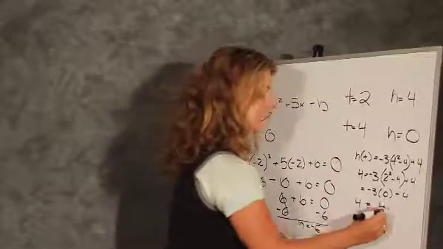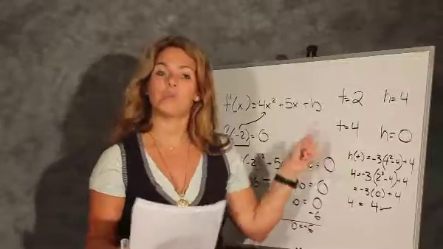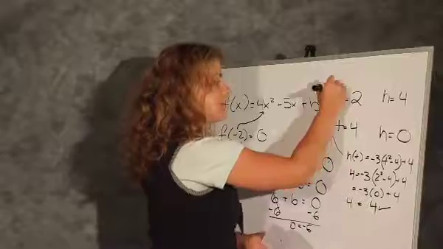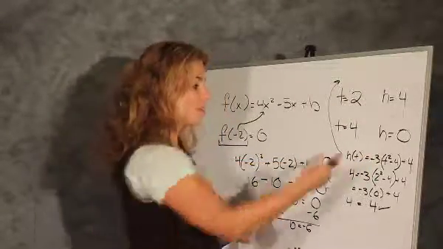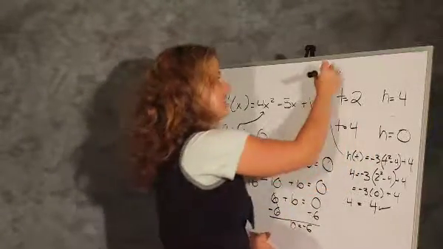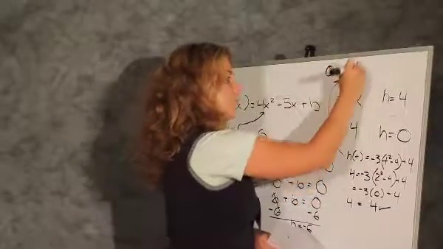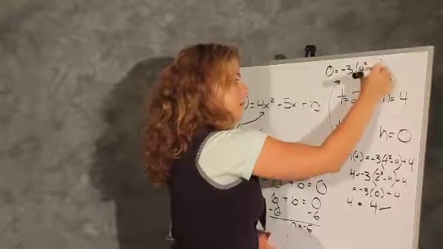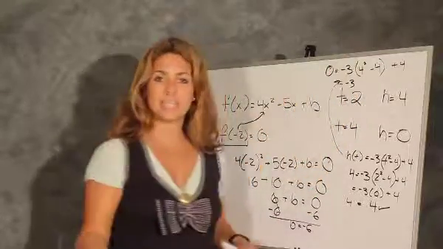That works out nicely. If you want to double check with the other point, you can do that as well. So if we put 4 in for t, then we would put 0 for the entire equation. So we have -3 times 4 squared minus 4 plus 4. 4 squared gives us 16.